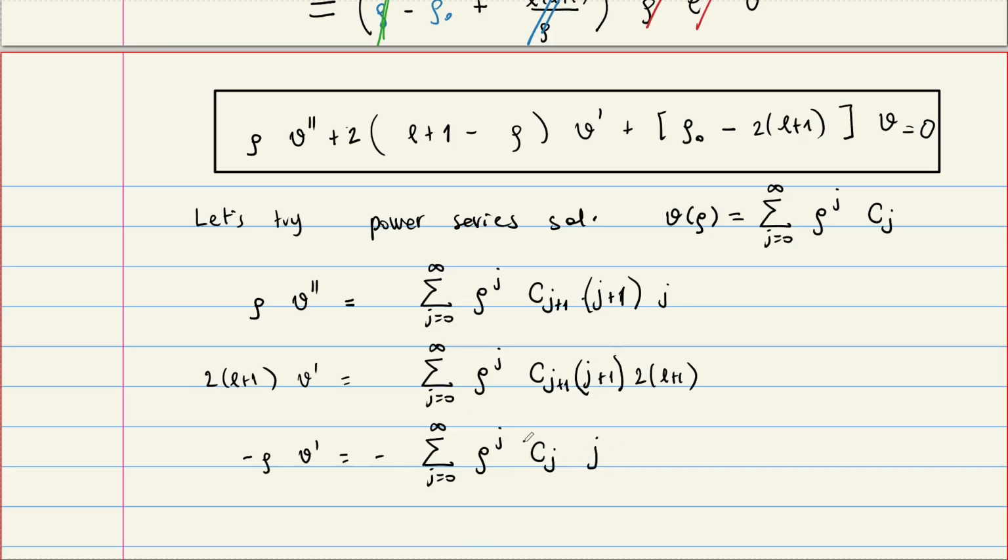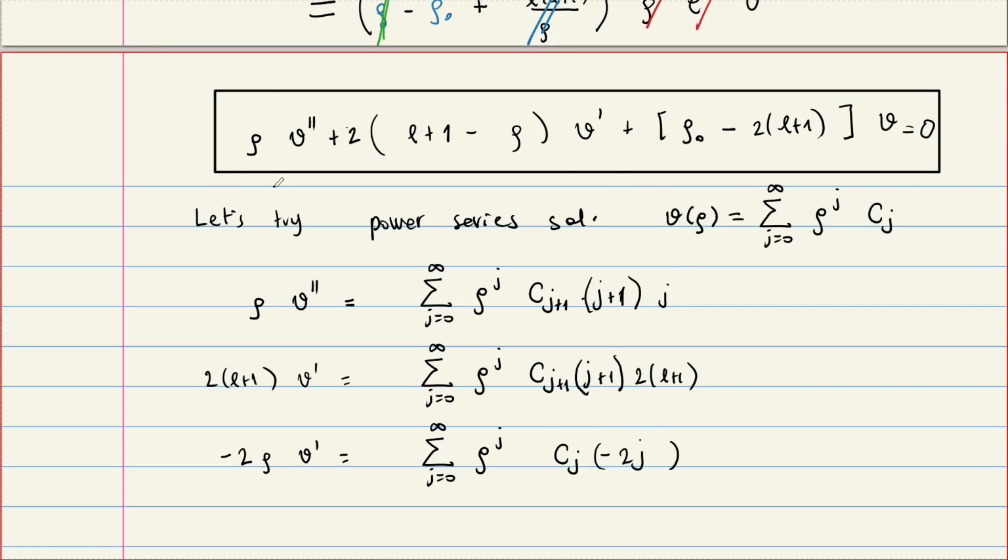Minus 2 rho, yes. Thank you, minus 2 rho. So rho was there, and it was minus 1, and multiplying with this, it is gone. There's only minus 2 here, so this is minus 2j. Good.